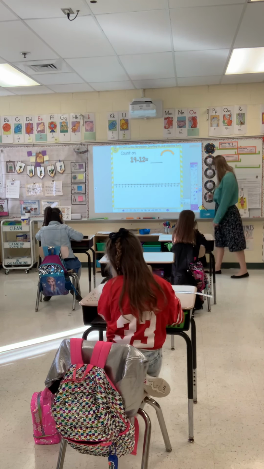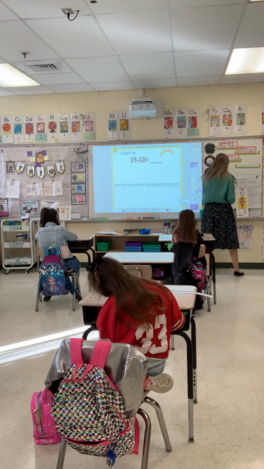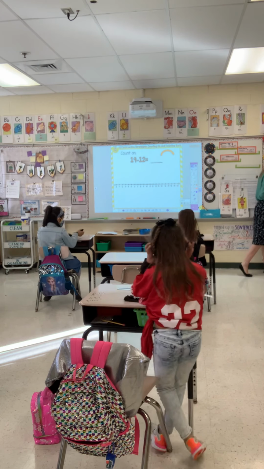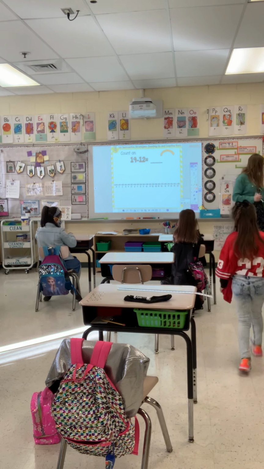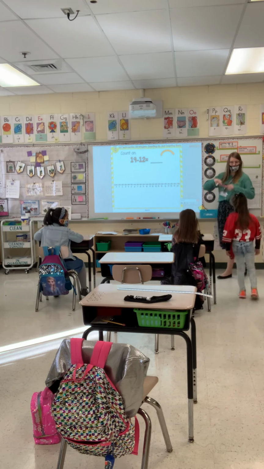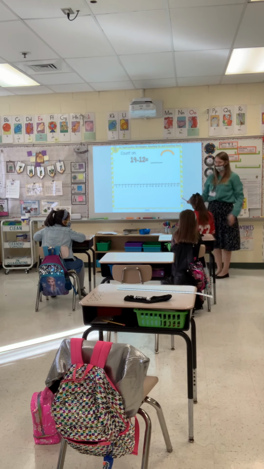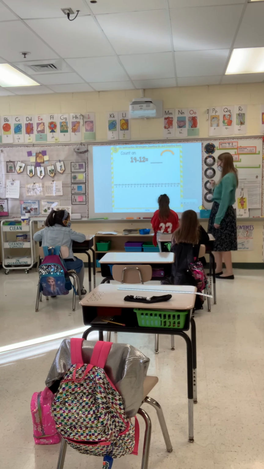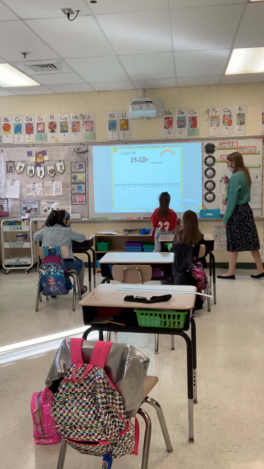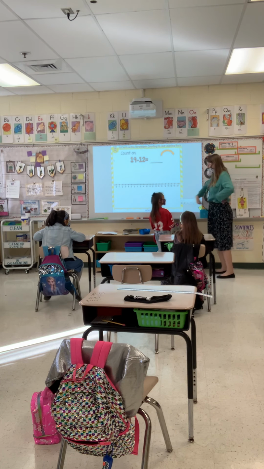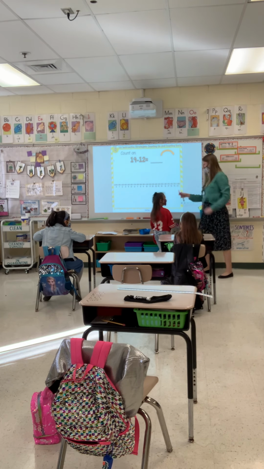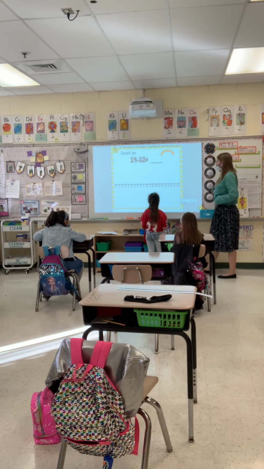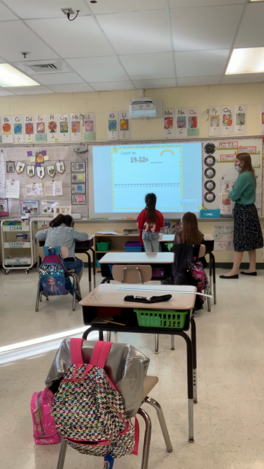Someone wants to come and do it on the board for us, so come on down, Peyton. There you go. Pretty pink for the pretty girl. Alright, show us how to count on. 19 minus 12.